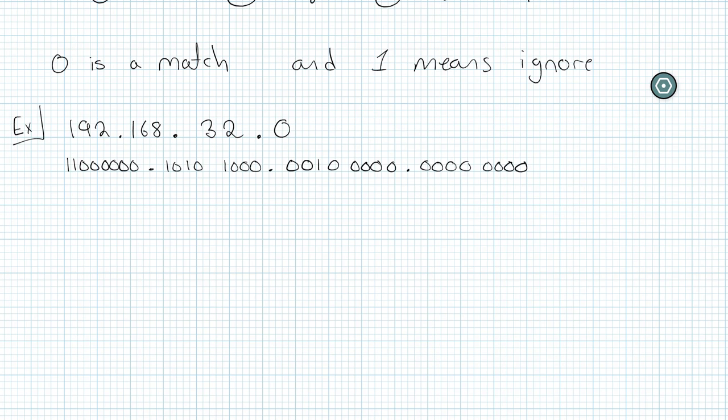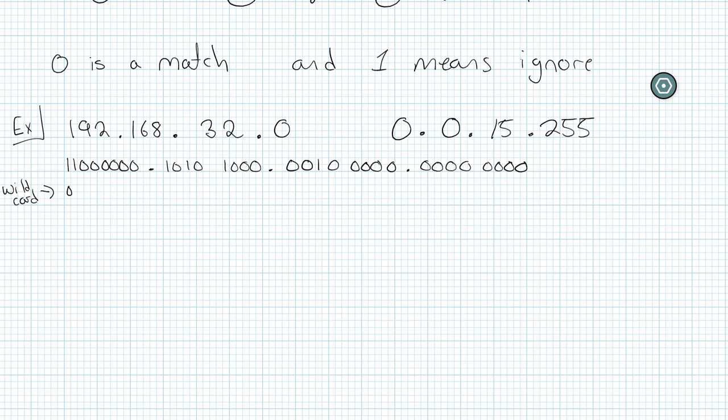So let's say we had the wildcard mask. Actually, I'm going to write it up here. So let's say we had 0.0.15.255.